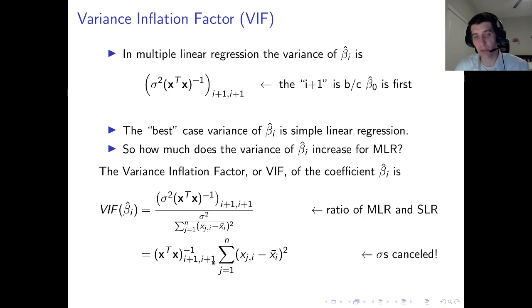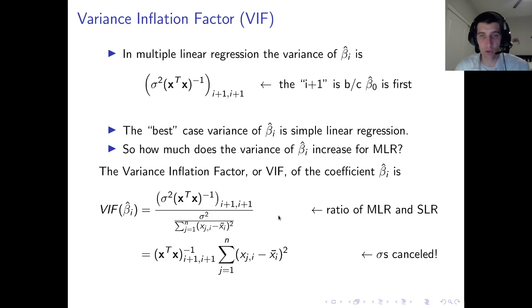Okay, keeping in mind that this is the design matrix for the multiple linear regression model, and this is 1 over the variance of a simple linear regression model with the ith predictor only.